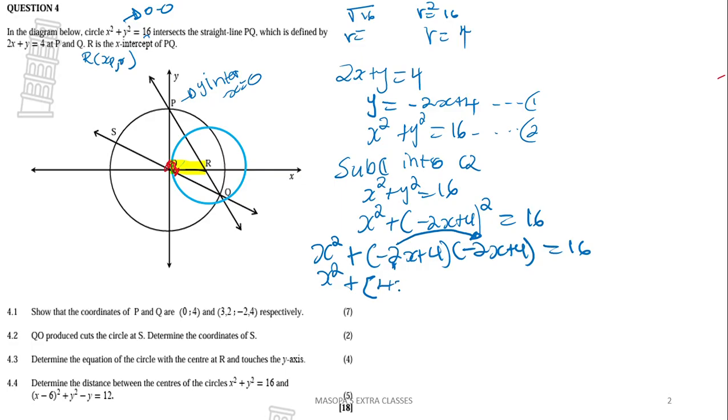Then negative 2x times positive 4 gives negative 8x. Same as when you say 4 multiplied by negative 2x, you still get negative 8x. Then 4 multiplied by 4 is positive 16. And that is with the 16 on the other side.